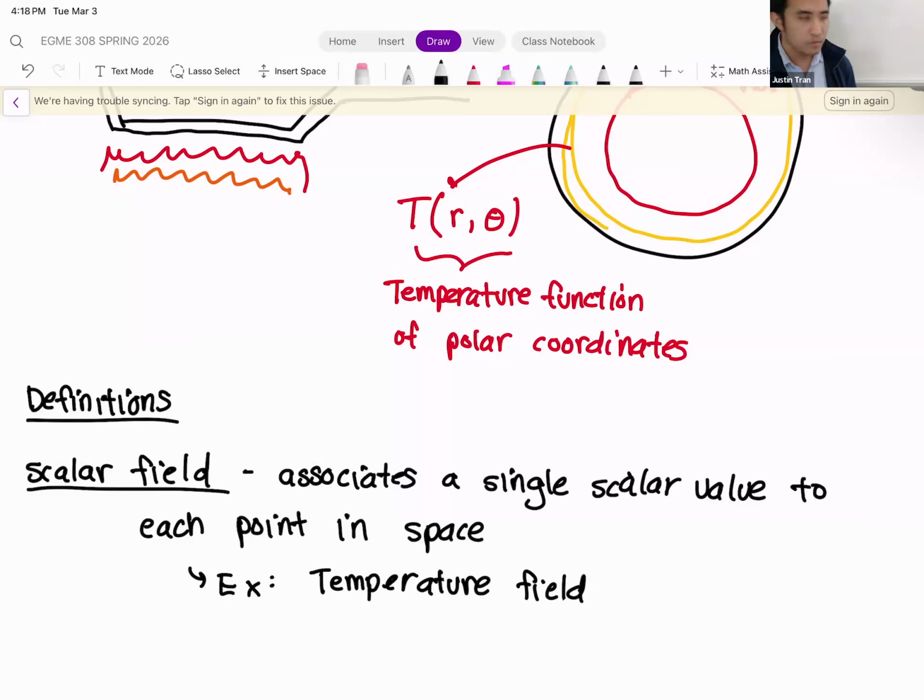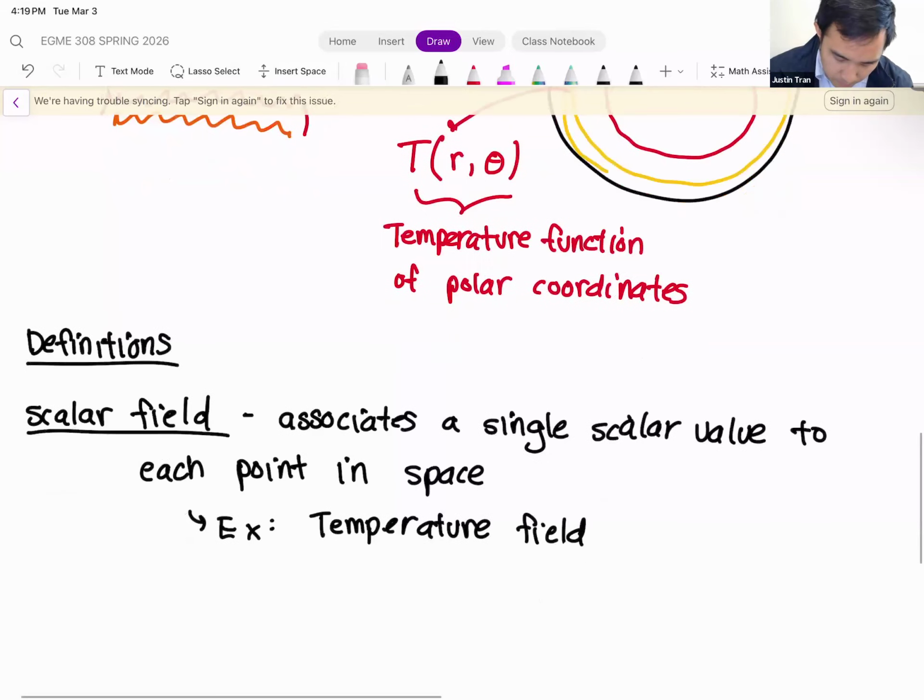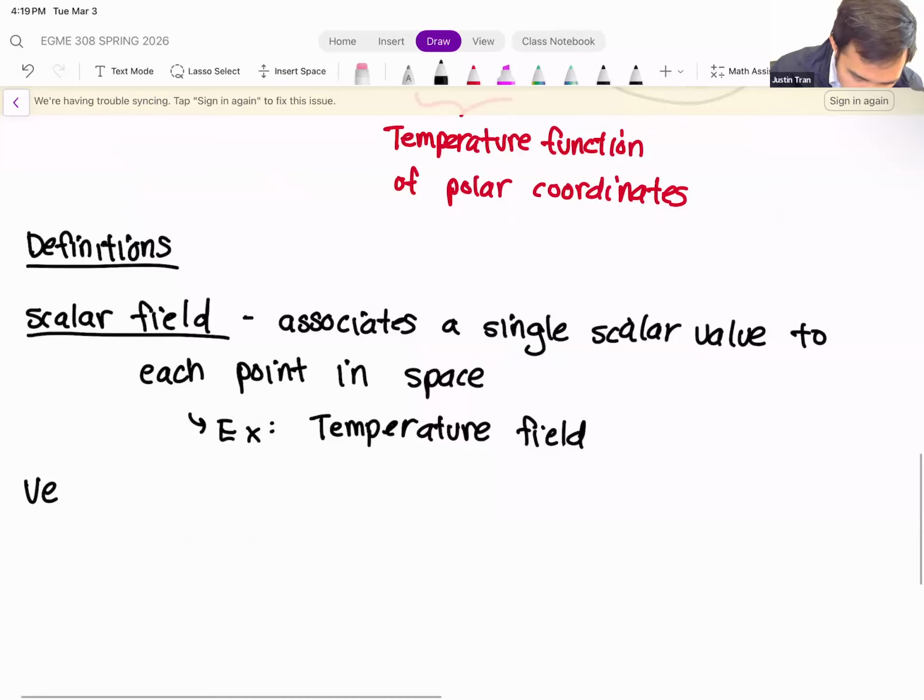Temperature only has a magnitude, so there's no direction associated with temperature. Things are either hot or cold, right? And so when you talk about a temperature field, that is a great example of a scalar field. So there's a single temperature value assigned to every x, y, z, or r, theta coordinate.